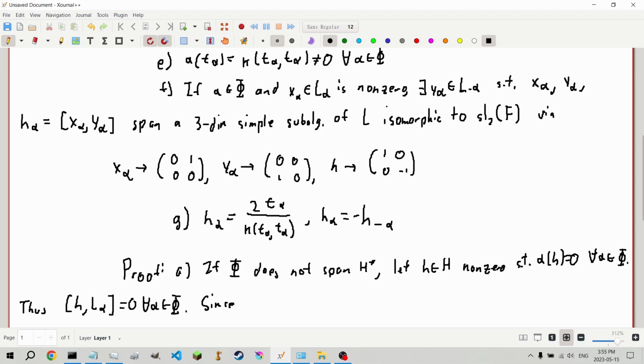Now, since the bracket of h with our toral subalgebra has to be 0, the bracket of h with all of L must be 0, so h is a member of the center of L, which is 0.